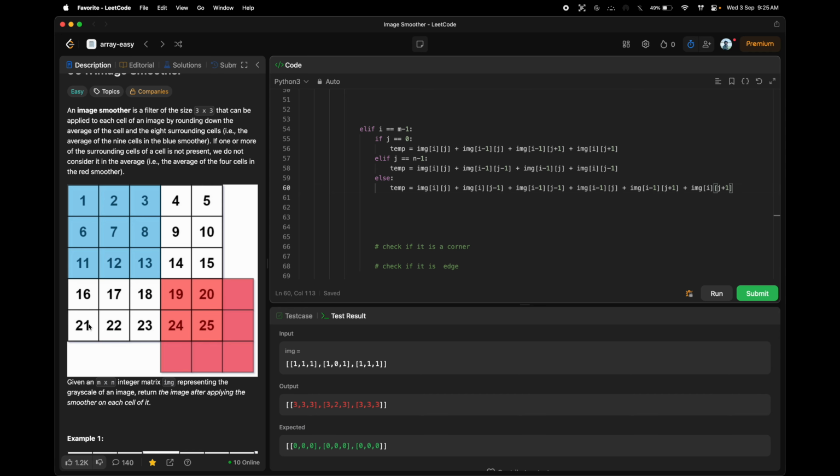Okay, so I think till now only edge which is left, which is this.